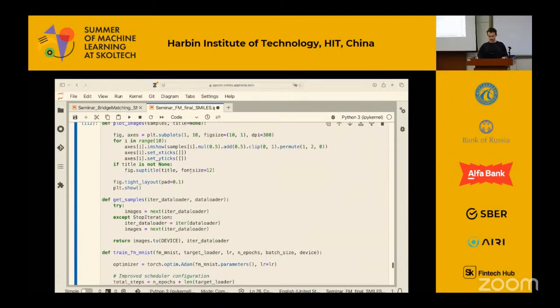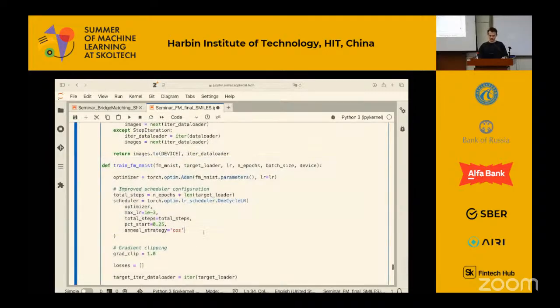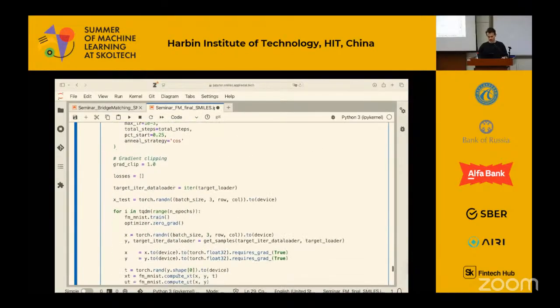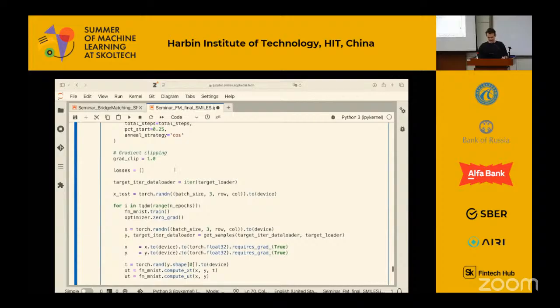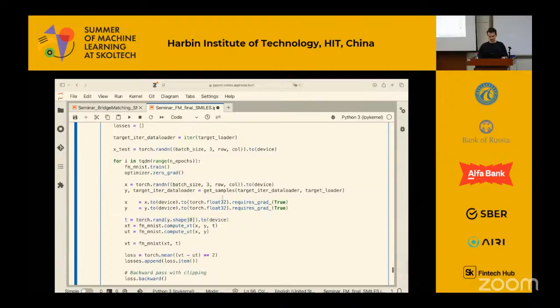So the training procedure is the same, but we add some deep learning techniques to make our optimization a bit nicer. Like some scheduler, but I don't think that is actually used, it's commented out. Gradient clipping, etc. Other than that, you just sample from your data independently, sample some time uniformly from 0 to 1, compute xt, which is the linear interpolation, and the regression target.